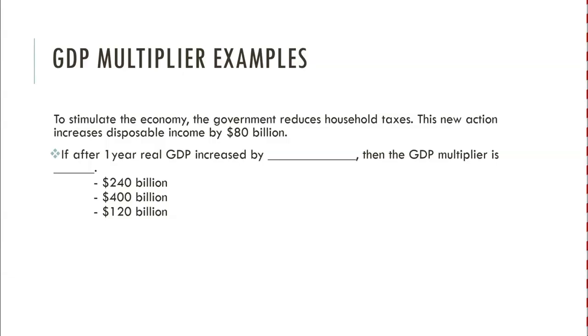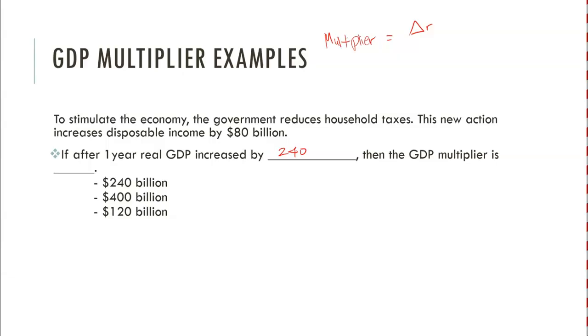Okay, so if after 1 year real GDP increases by $240 billion, then our GDP multiplier is what? We want to go back and use that formula. Our multiplier is equal to our change.